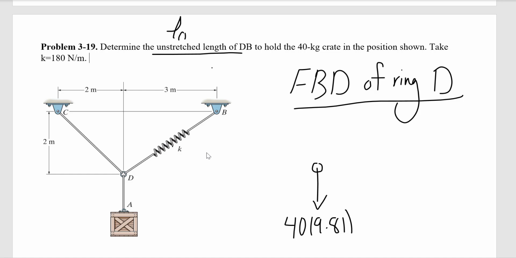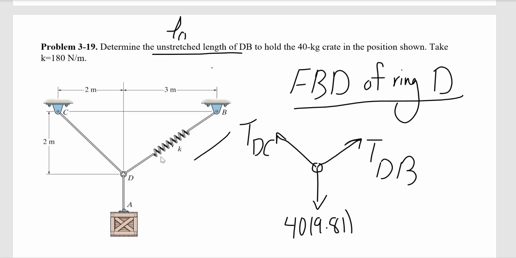I have the tension here, TdB, and also tension here, TdC. I don't have the angle, but I have the dimension. This one is 3, 2, so this dimension would be square root of 13, according to Pythagorean theorem.